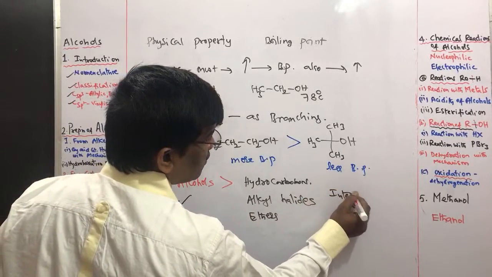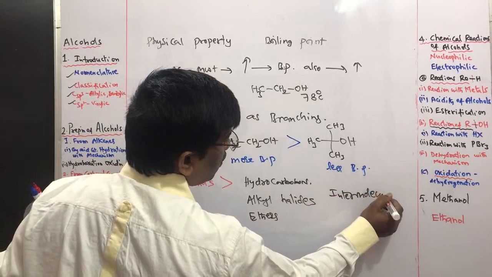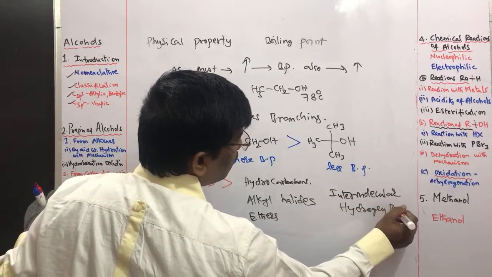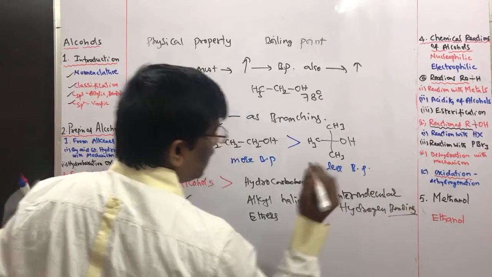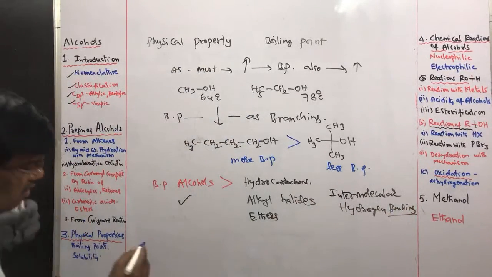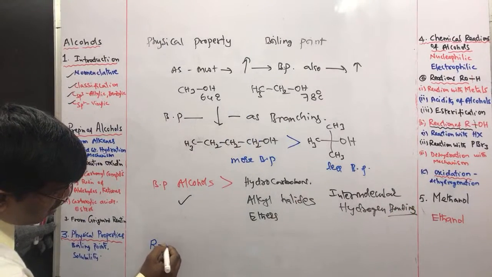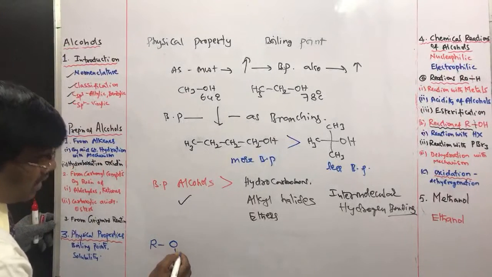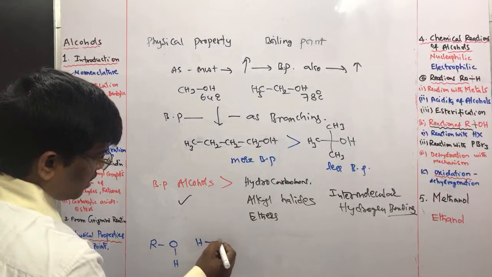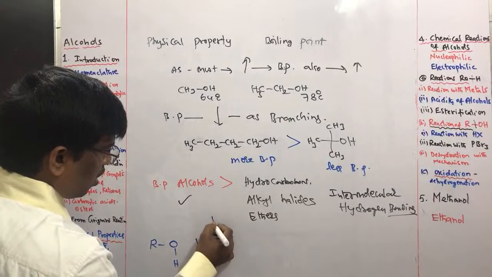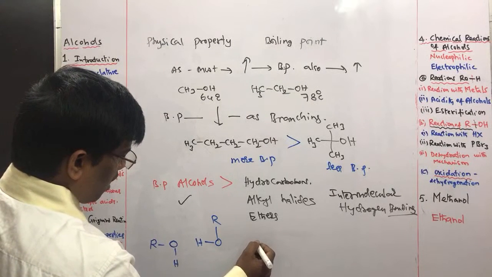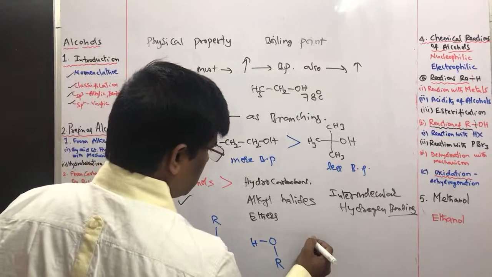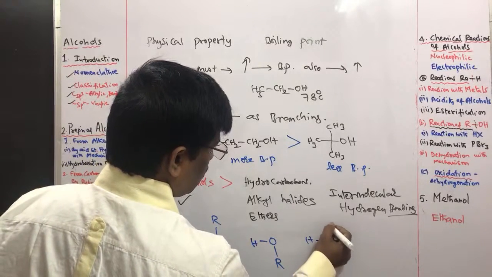intermolecular hydrogen bonding. This is very, very important, students. What is intermolecular hydrogen bonding? Let us take one alcohol, ROH. So I can write HOR, HOR, HOR.